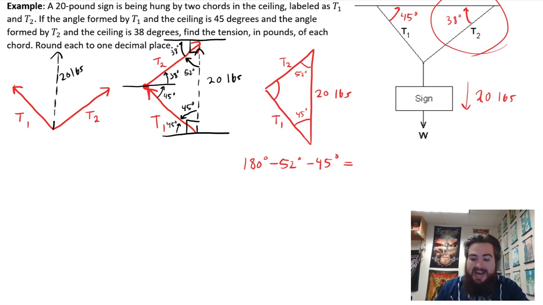That should give you 83 degrees. So that's our angle measure inside this triangle.